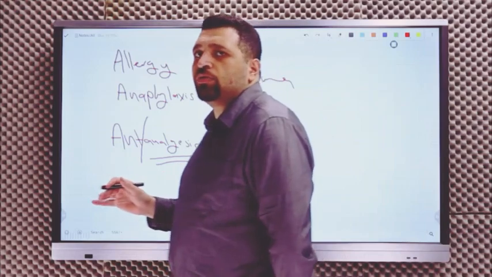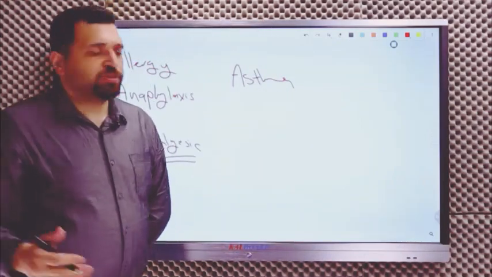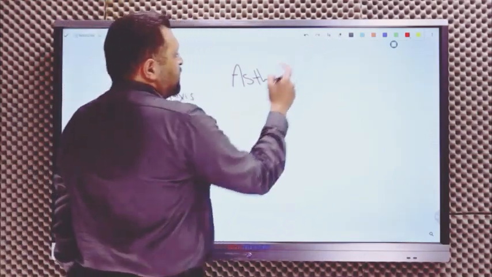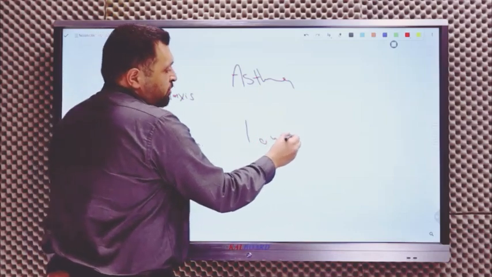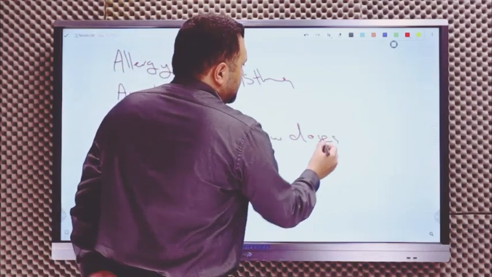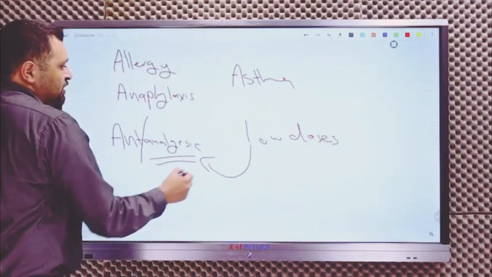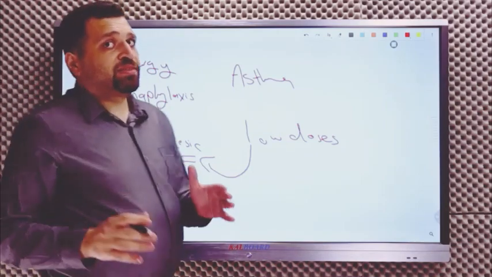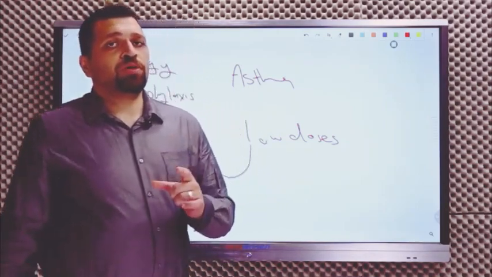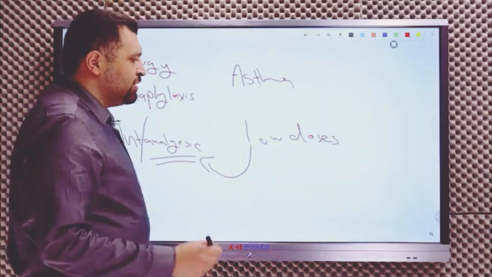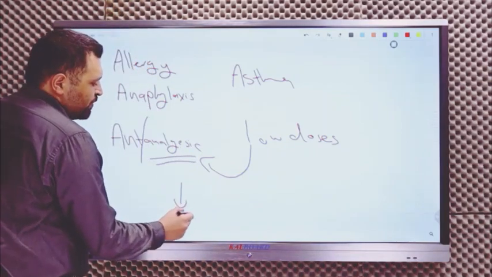So anti-analgesic will mean the opposite. Sometimes if you give thiopental in low doses, this will lead to anti-analgesia. It will increase the sensation of pain, or more correctly, it will decrease the threshold for sensation of pain.